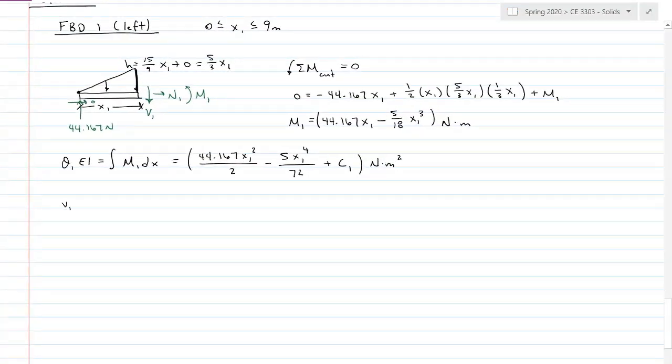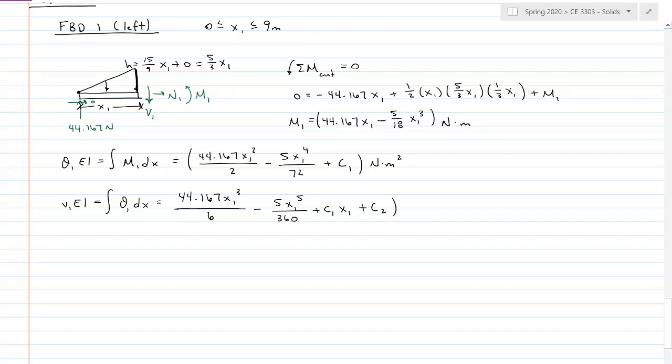And then vertical deviation, that's lowercase v, is equal to the integral of the slope, which is equal to 44.167 x1 cubed divided by 2 times 3, which is 6, minus 5 x1 to the 5th divided by 72 times 5, which is 360, plus c1 x1 plus c2.